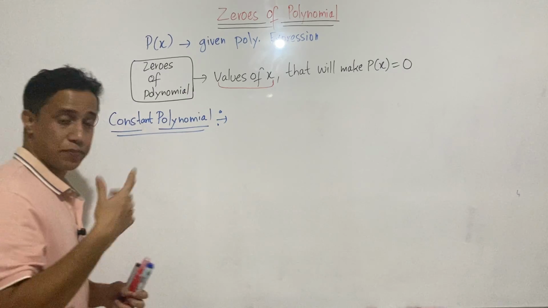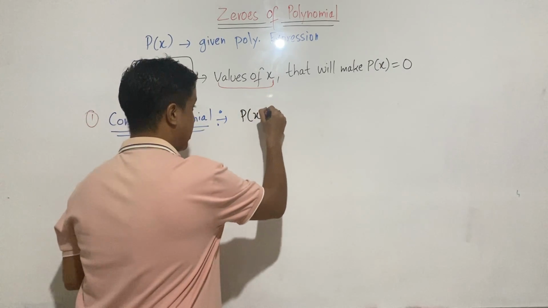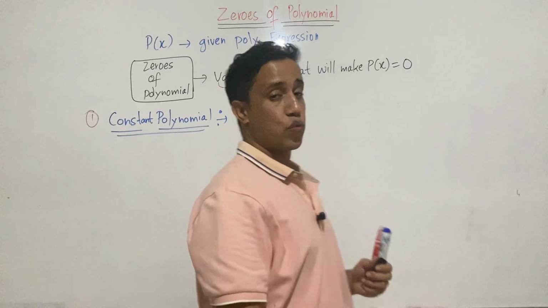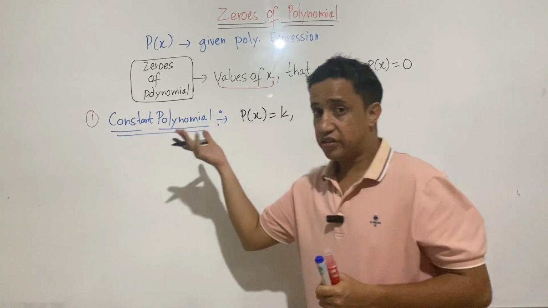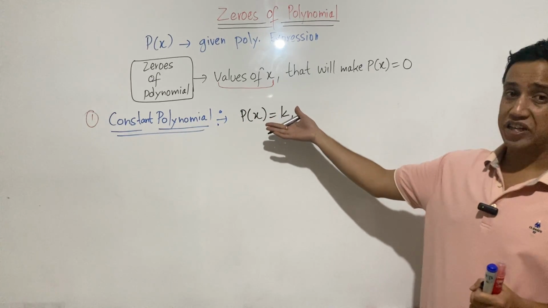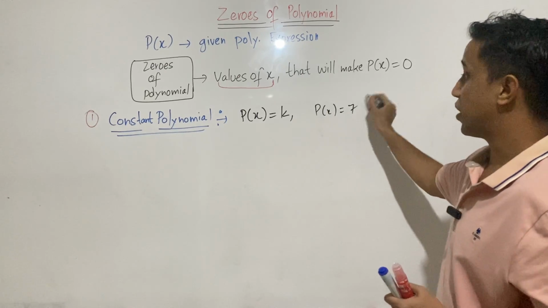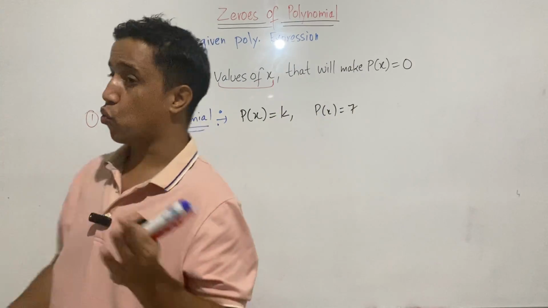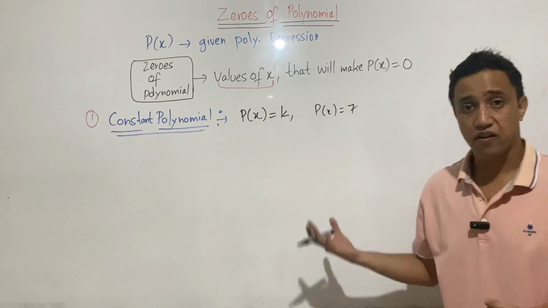The general expression to represent a constant polynomial is p(x) equal to k, where k represents the constant value. As you can see, this polynomial expression contains only one term. For example, p(x) equal to 7. It contains just one term, and that term is independent of x.